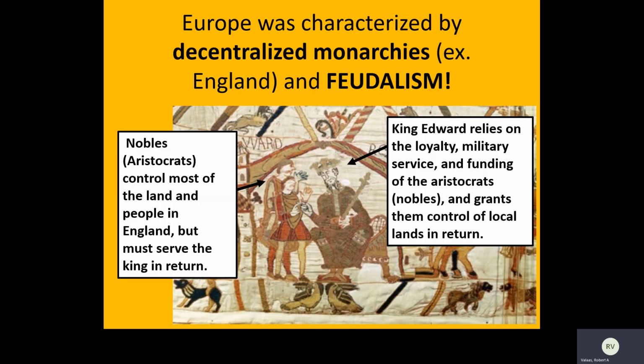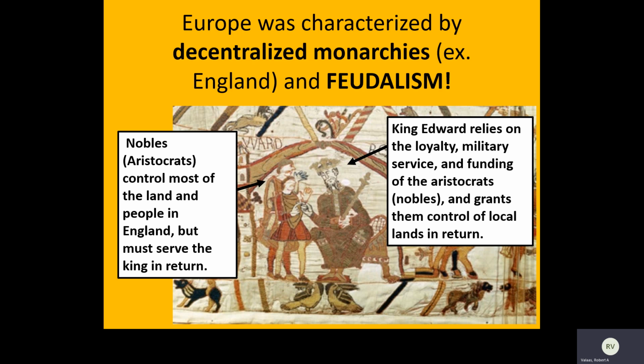And indeed, Europe was characterized by decentralized monarchies. Yeah, there may have been kingdoms like England and France and Burgundy and Denmark, but those kings, they didn't have a whole lot of power because feudalism ruled the day.